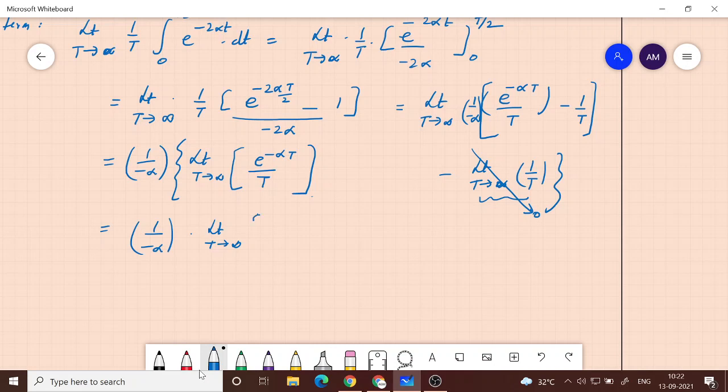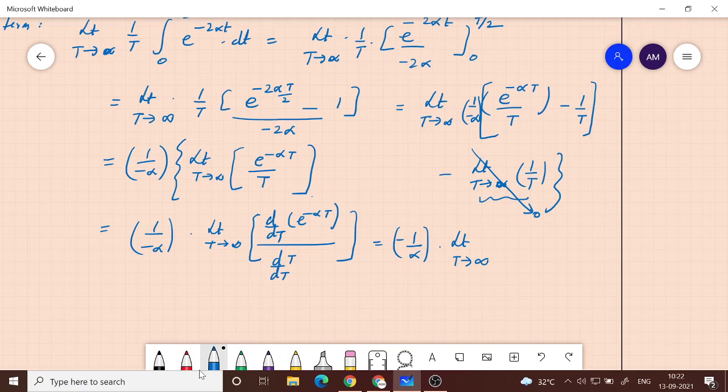So if I apply that, d by dt of e raised to minus alpha t divided by d by dt of t, which is 1. So that is what it says. So this is equal to minus 1 by alpha into limit t tends to infinity.